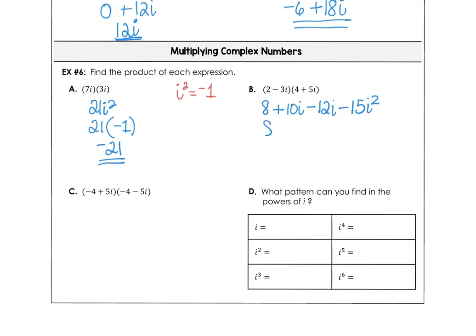So we can add 8, and 10i minus 12i gives us negative 2i, but the negative 15i squared, again by definition i squared is negative 1, we find that we can simplify the 8 minus 2i plus 15, and that's going to give us 23 for the real part and minus 2i for the imaginary part.